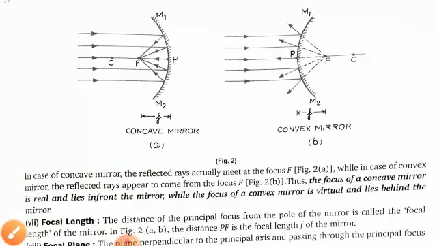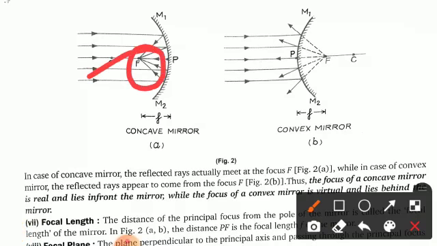So in case of a concave mirror, the reflected ray actually meets at the focus. What is the property of the concave mirror? If the incident rays fall on the concave mirror, it converges all the incident rays at a particular point, and that point is known as your focus. Here you can see this is the focus of the concave mirror. Now the same thing here: the incident rays on the convex mirror appear to come from the focus.